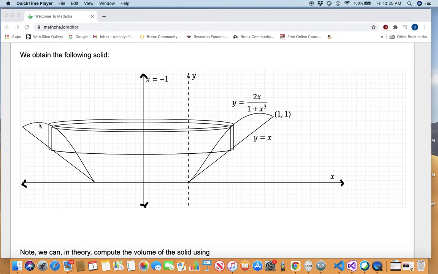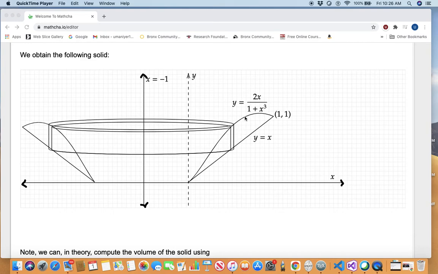All right. So you have rotated. This is 0, 0 and that's 1, 1. In other words, when the x coordinate goes from 0 to 1, you get a cylinder. For each x, you get a cylinder of a certain thickness, dx, delta x. Height is this height.